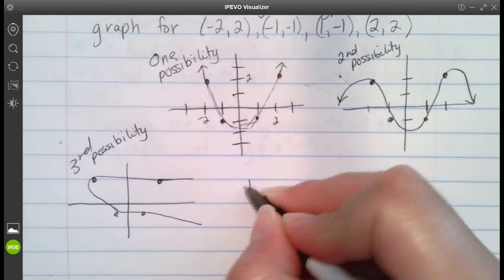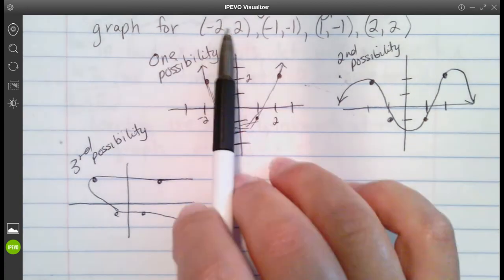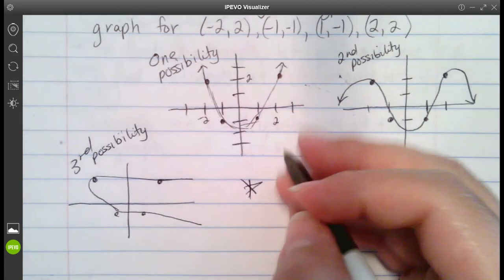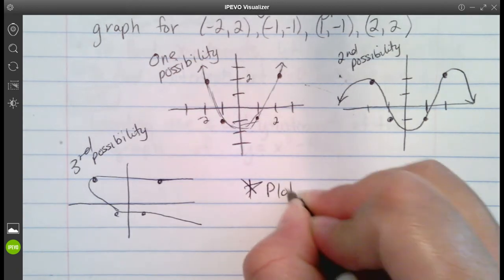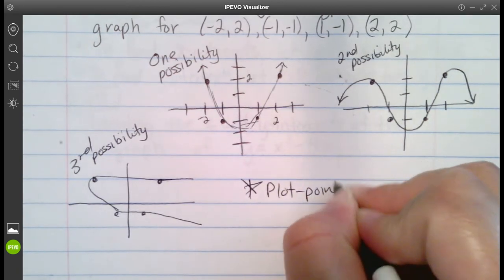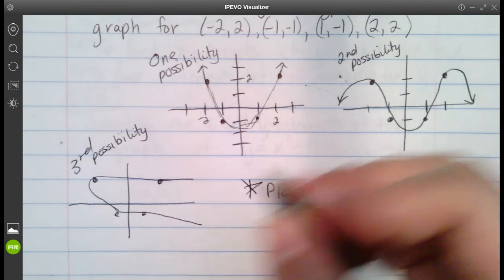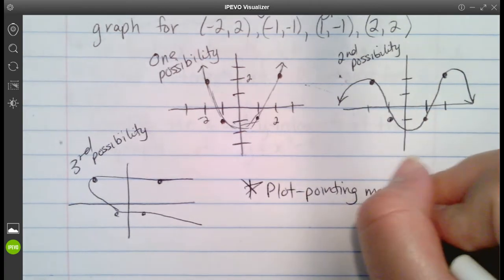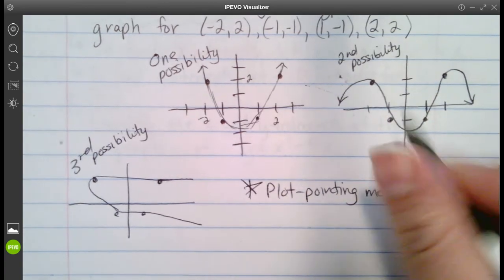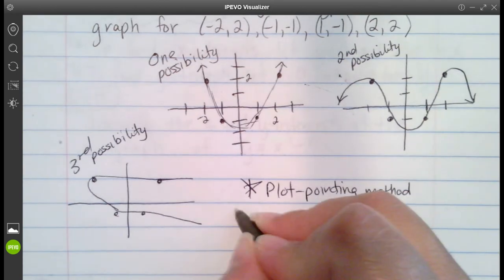So the idea for this one is that this method right here where you're plotting the points, by the way, this is called the plot pointing method. I think I wrote that on the side somewhere, a different example. So the plot pointing method isn't always going to work.